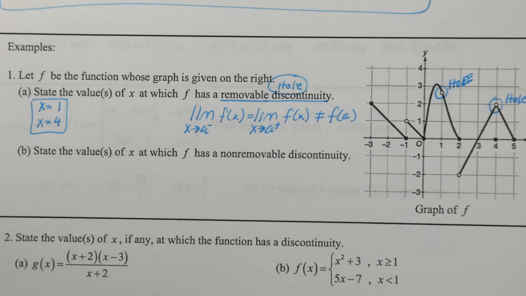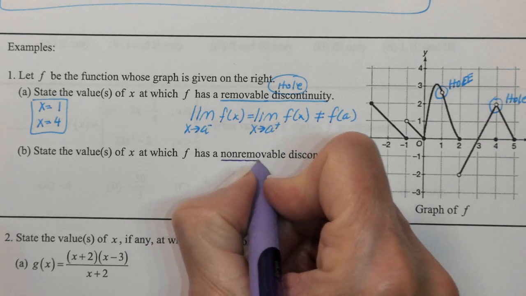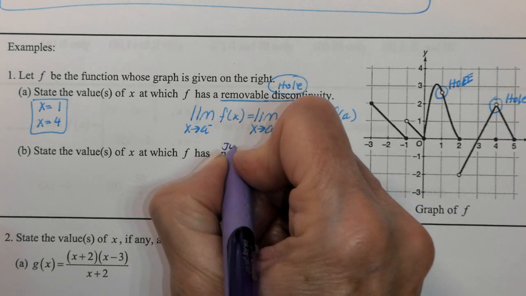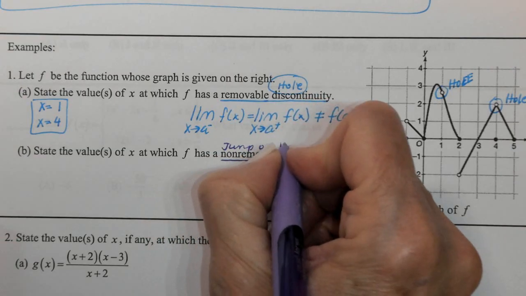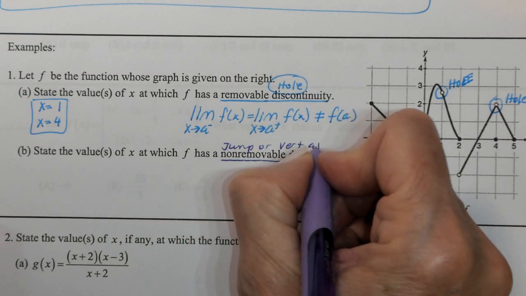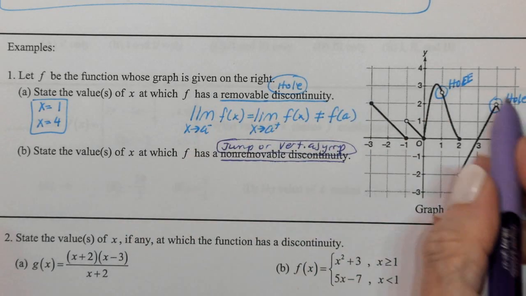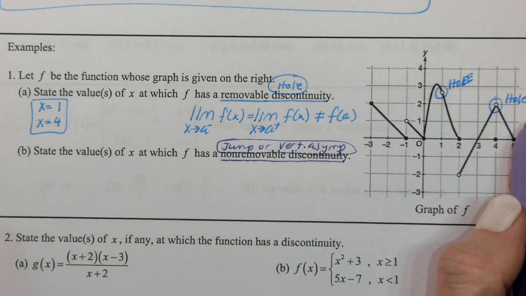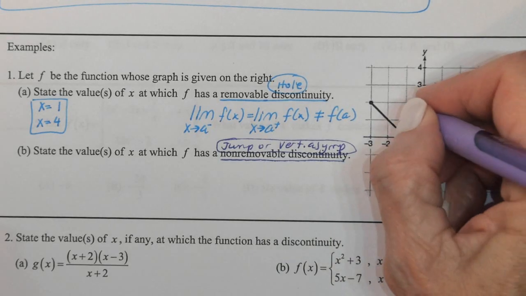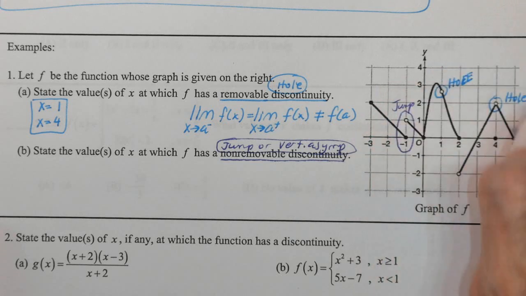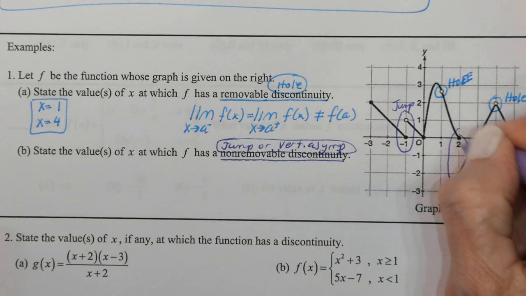Next up, state the value or values of x at which f has a non-removable discontinuity. Non-removable, I think, is a jump or a vertical asymptote. Well, I don't see any vertical asymptotes here, but I do see some jumps. I see a jump here, and I see a jump here.